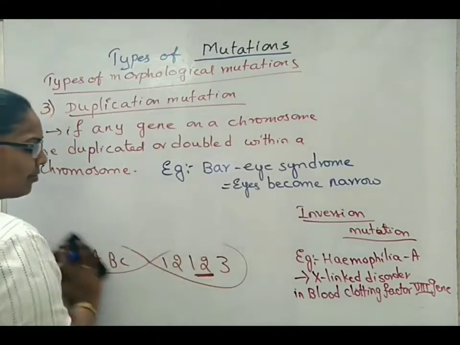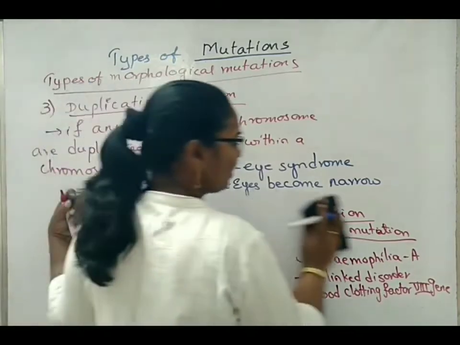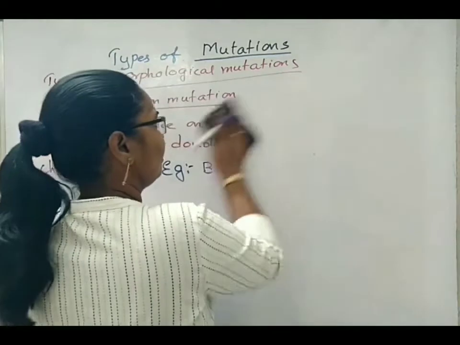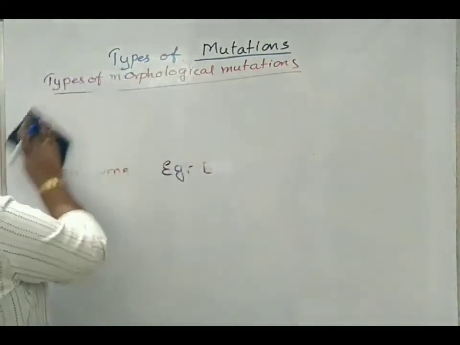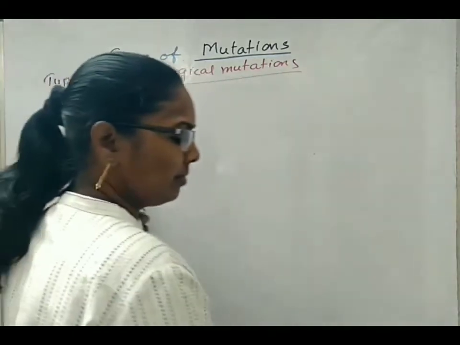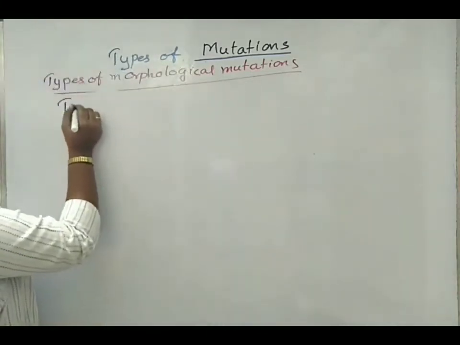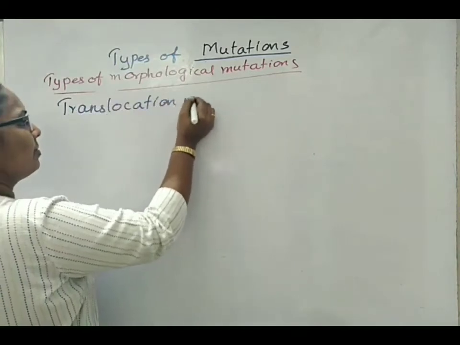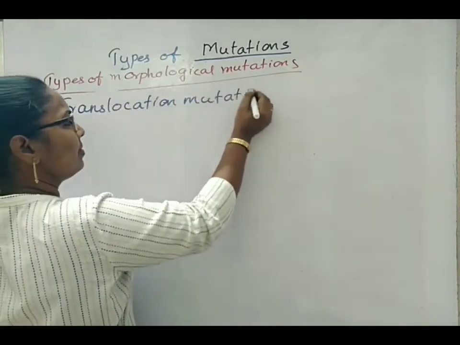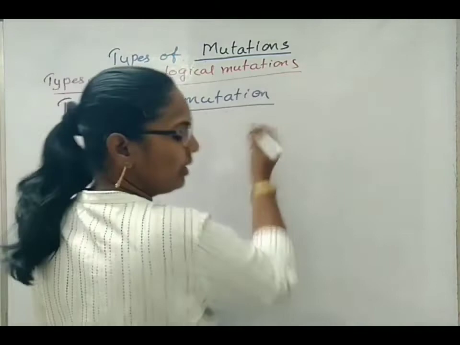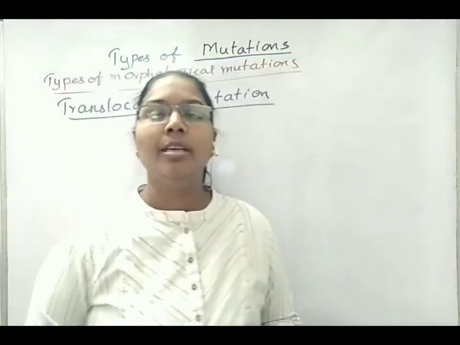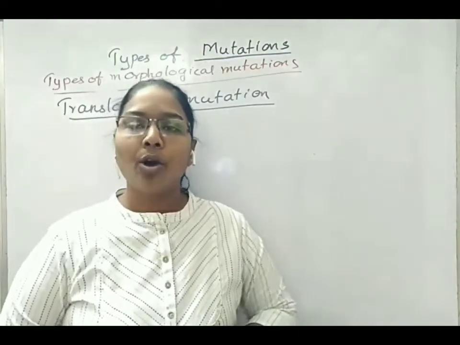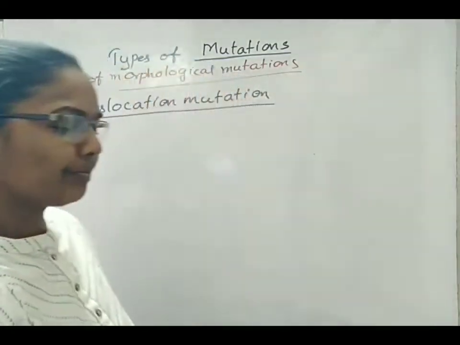Next we will see the fourth type of mutation, that is translocation mutation. In case of translocation mutation, it is very important to learn that this type of mutation happens between non-homologous chromosomes.